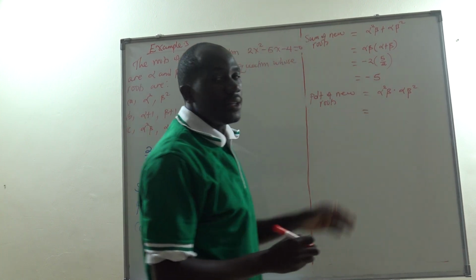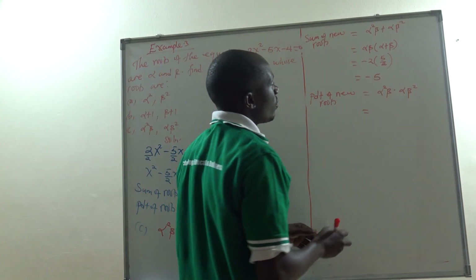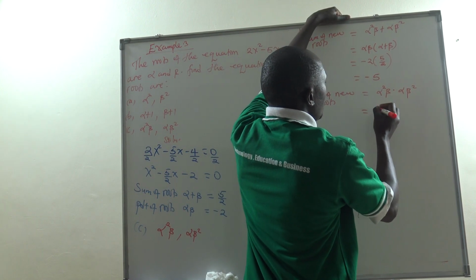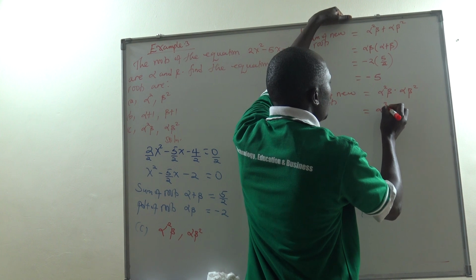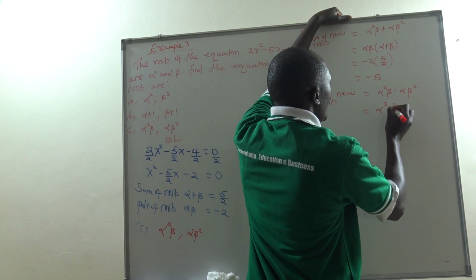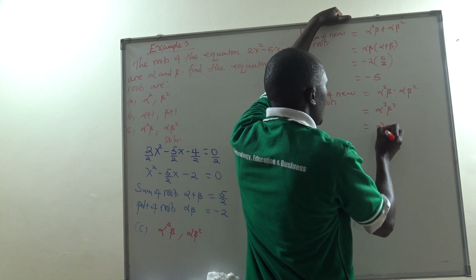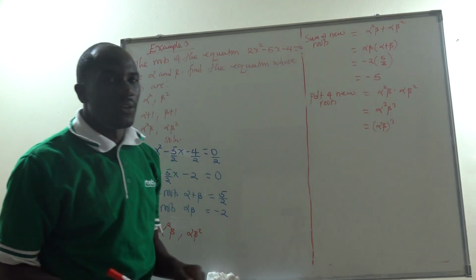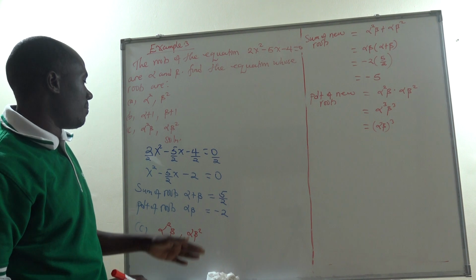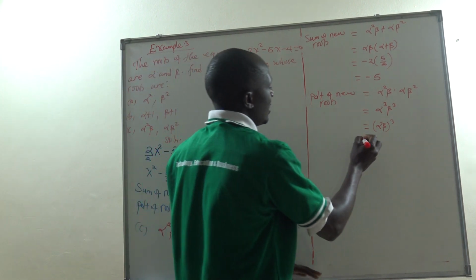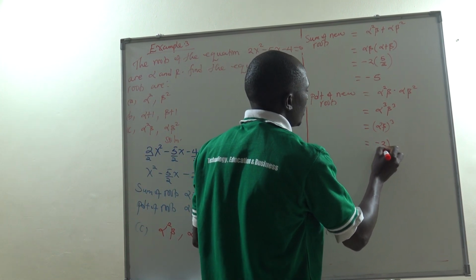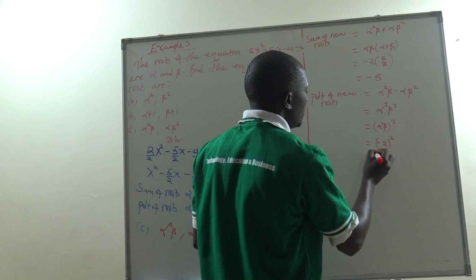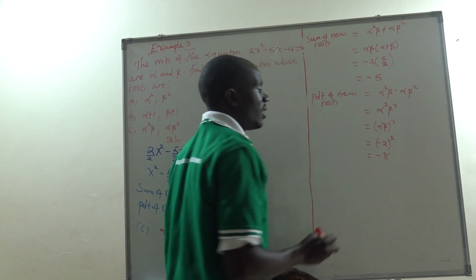This one becomes what? When we multiply alpha squared times alpha, we are getting alpha cubed, then beta cubed, which becomes alpha beta, the whole of it cubed. Do we know our alpha beta? Our alpha beta is automatically negative 2. So we are getting negative 2 cubed, which is negative 8.